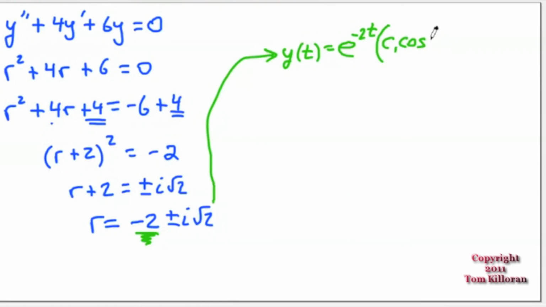So I'm going to write it kind of backwards, t square root of 2, just because square roots are funny that way, plus c2 sine of t square root of 2. Yeah, get that last parenthesis in there. So that becomes the solution of this second order differential equation. Not bad.